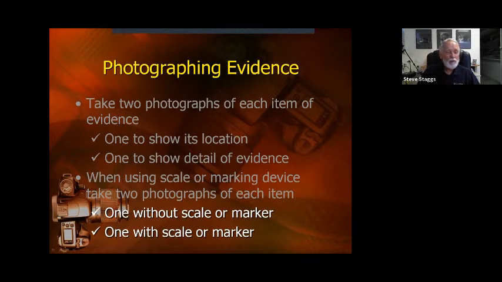Now, getting back to our 5 cartridge cases, if I need to now have a number next to each cartridge case or a scale for some reason, am I now going to have 15 pictures?